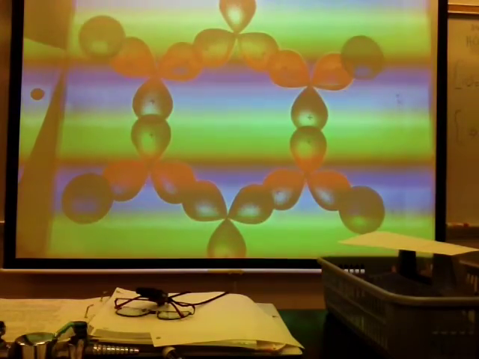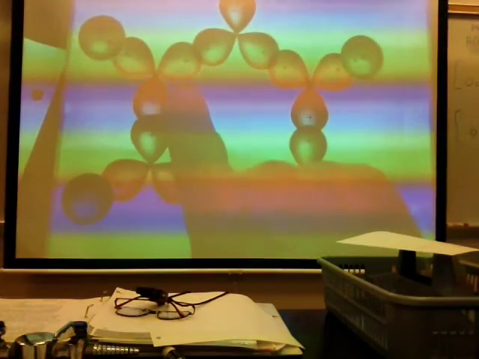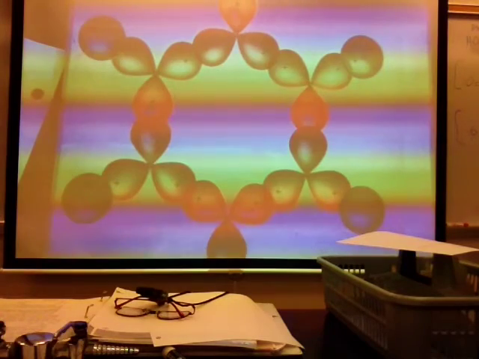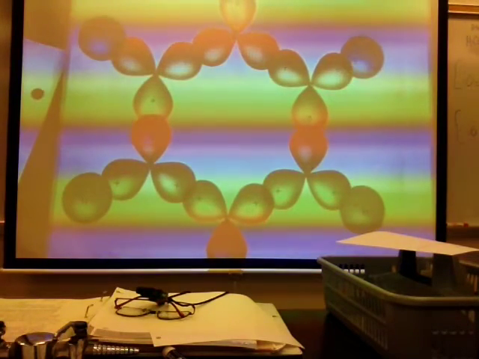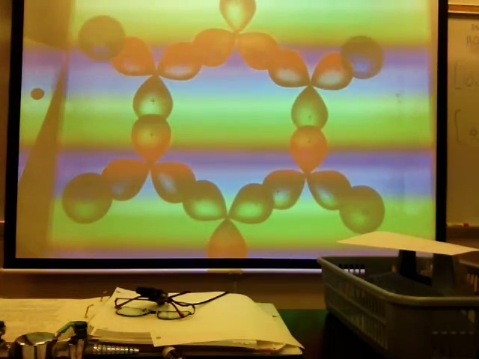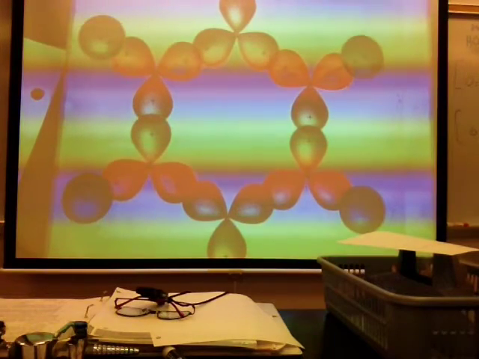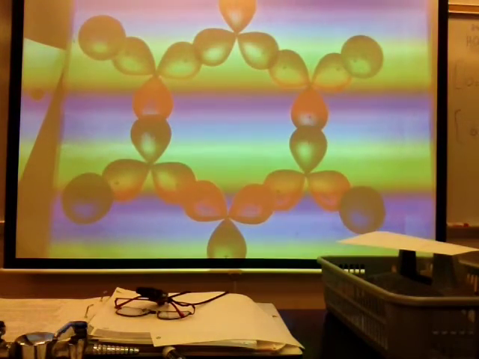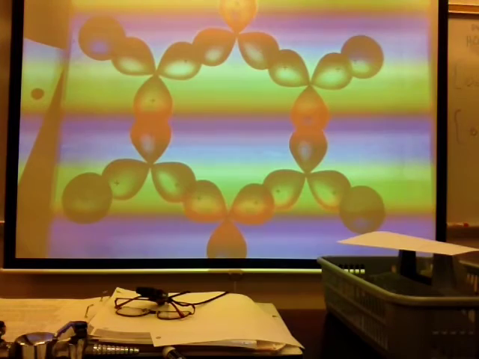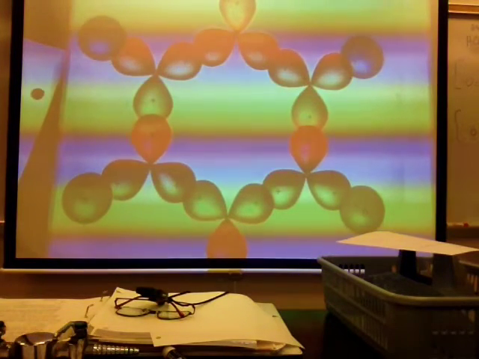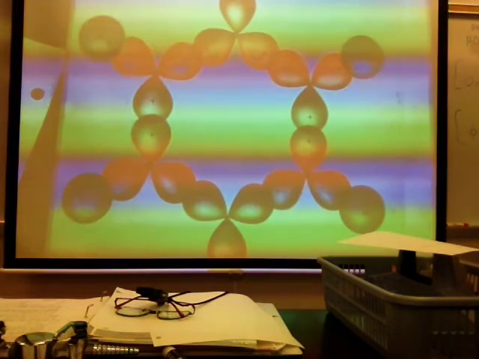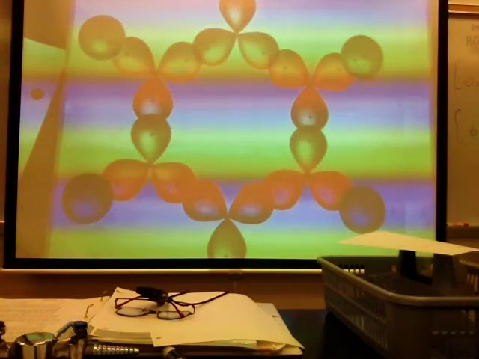So these are all your sigma type bonds. This is your 3. What type of hybridization is AX3 going to be? Okay, somebody on the front row. What type of hybridization is AX3 going to be? SP2. S plus 2 P's add up to 3. AX3. So this is SP2, trigonal planar.